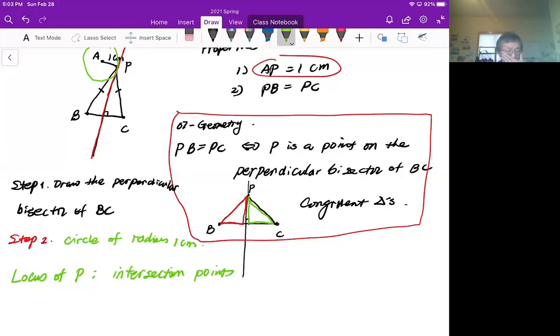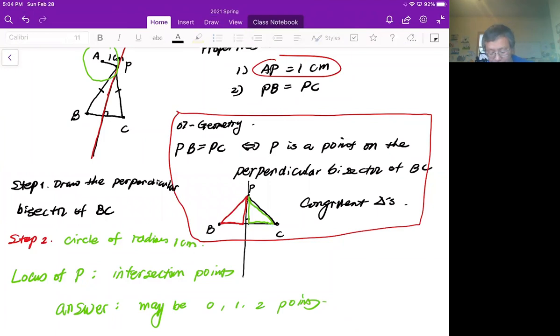So the answer may sometimes be 1 point, sometimes 2 points, sometimes 0 points, depending on the relative positions of A, B, and C. So we are done for this.